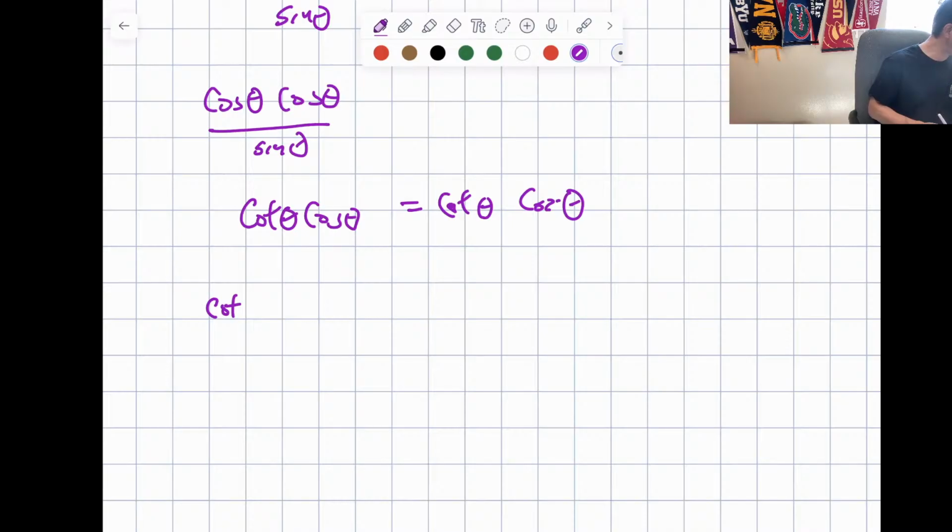Cotangent squared. I'm going to use x rather than t. And the cosecant of x is equal to cosecant of x minus sine of x.